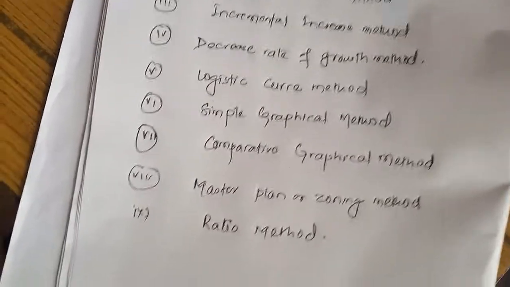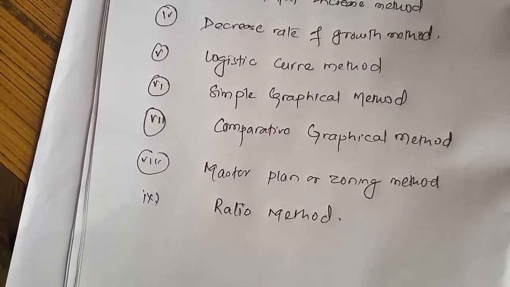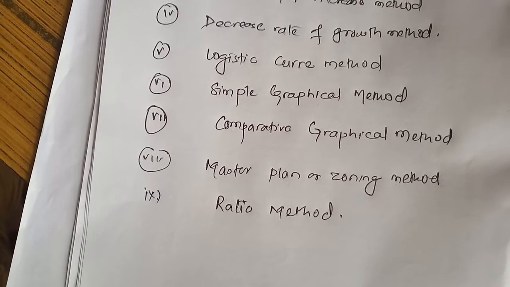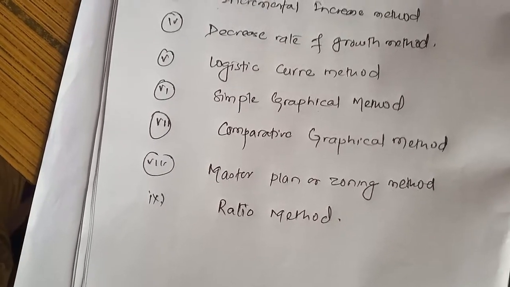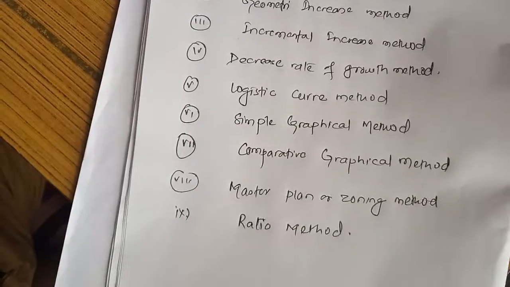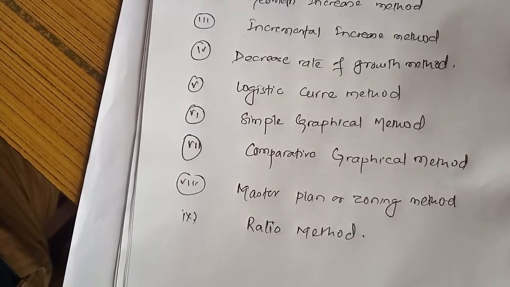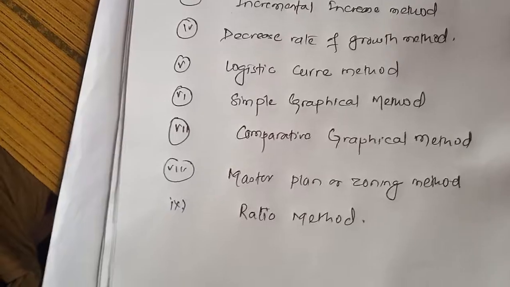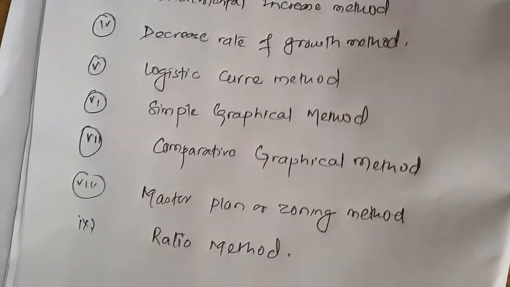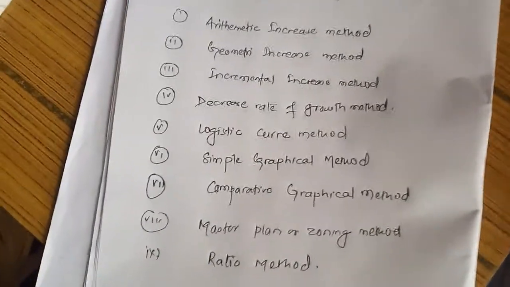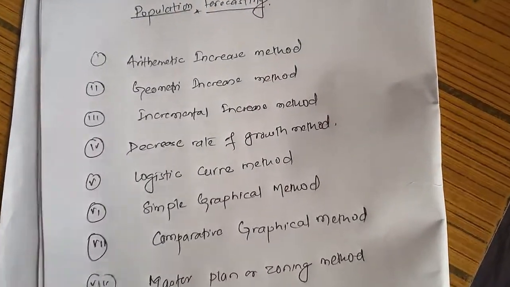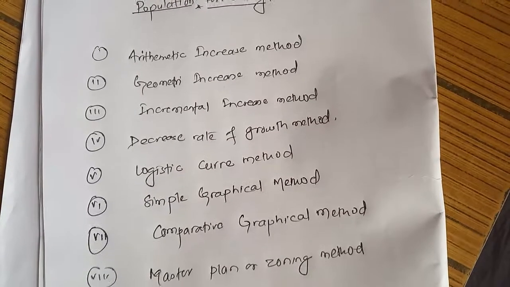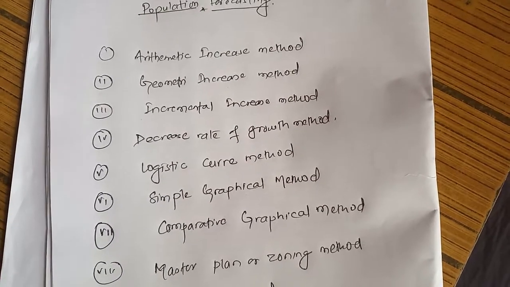The first four methods, arithmetic increase method, geometric increase method, incremental increase method, and decrease rate of growth method, we will be dealing with in this series. So for the complete video, just watch the complete series.